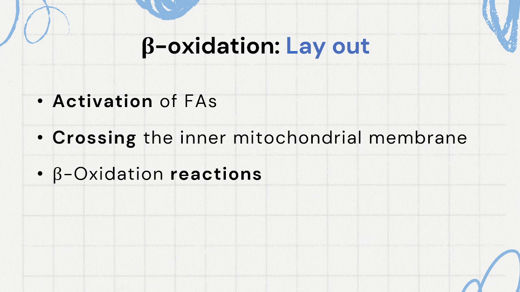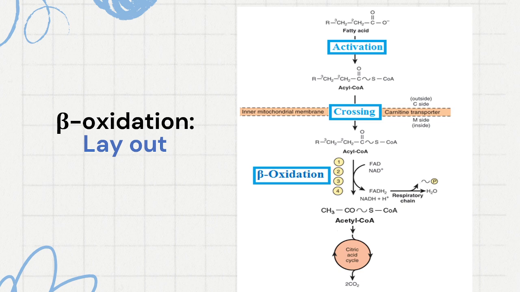In order to carry out the proper reactions of beta oxidation, fatty acids must be activated first, and then they have to cross the inner mitochondrial membrane before proceeding to the proper reactions of beta oxidation. So a fatty acid will have to be activated first, and then it will have to cross the mitochondrial membrane.